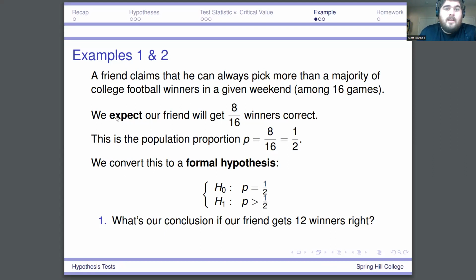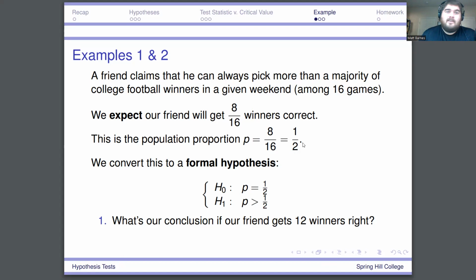Now, if our friend was completely crazy on this, we would expect, with 16 games and two possible winners for each game, they would get about half of them right. If they just randomly guessed, they should probably get half right because they have a 50% chance in each game. If we convert that to our population proportion, we would say P equals 1/2. We'd expect them to get half of the games.